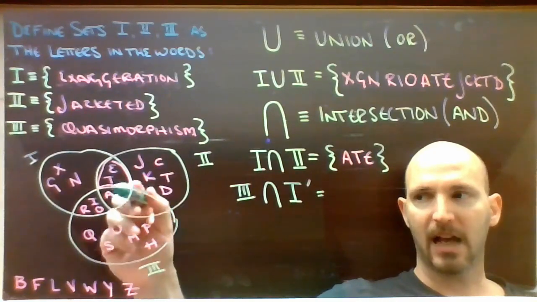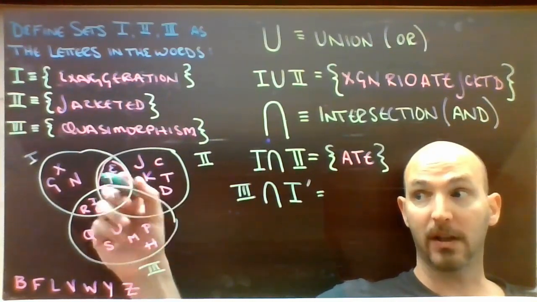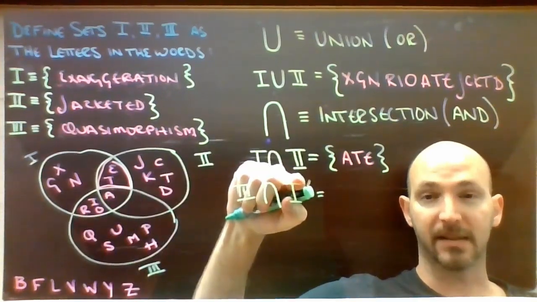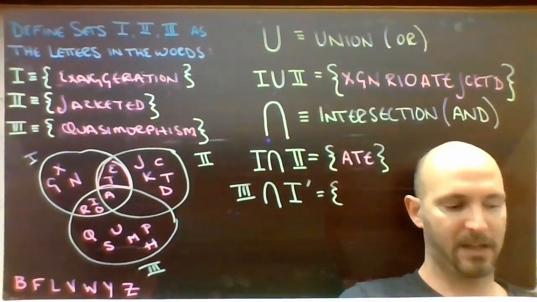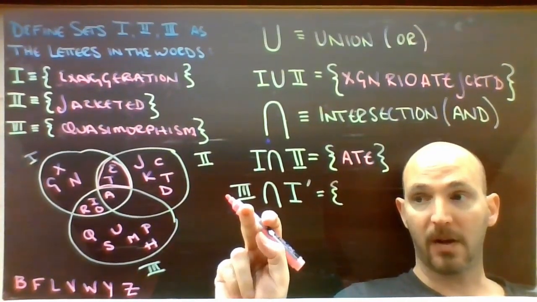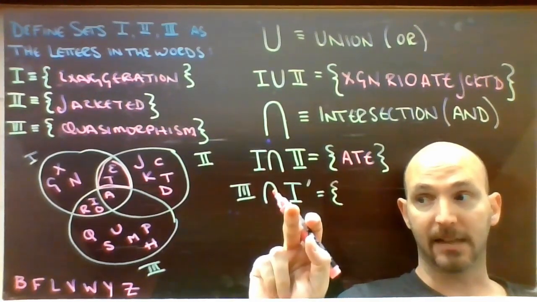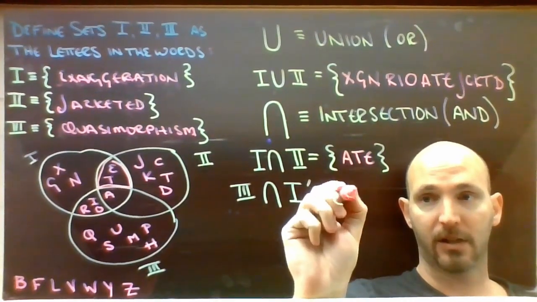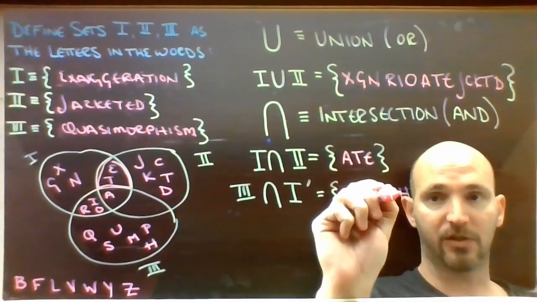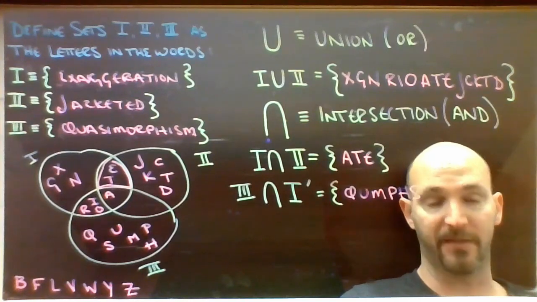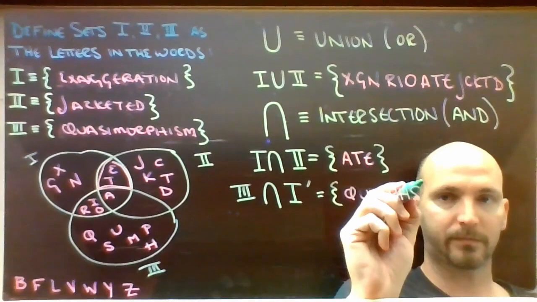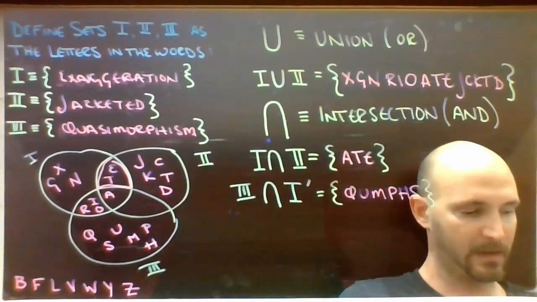These ones here happen to also fall into exaggeration. So they don't get to come because they've been forbidden by this condition. So if I were to take a look, the letters that are in quasimorphism and not in exaggeration are Q, U, M, P, H, S, whatever a quumph is, plural, because there's many of them. Lovely.